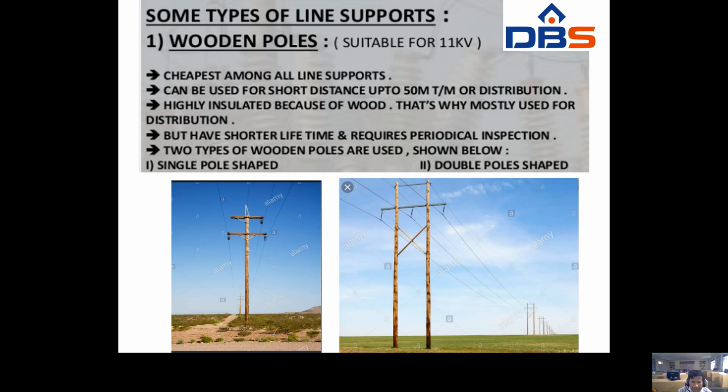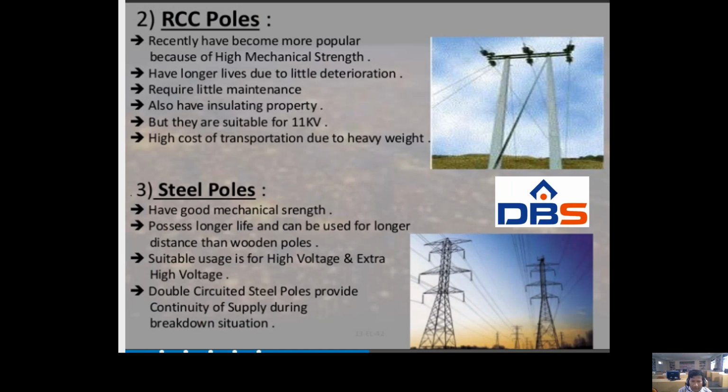Next one, RCC poles have recently become more popular because of high mechanical strength, and they have a longer life compared to wooden poles, with smaller maintenance compared to wooden poles.